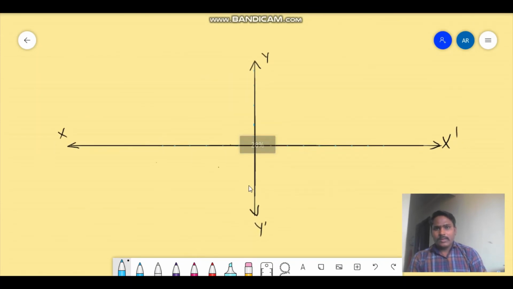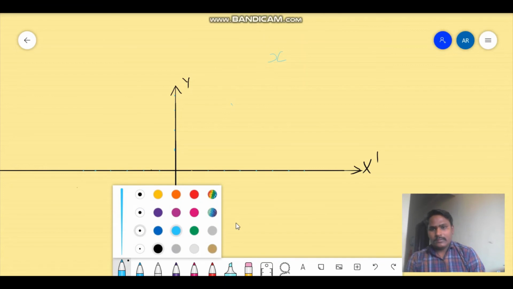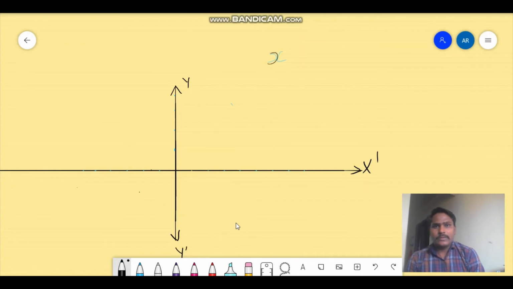So suppose we have this equation, x plus y is equal to 2.